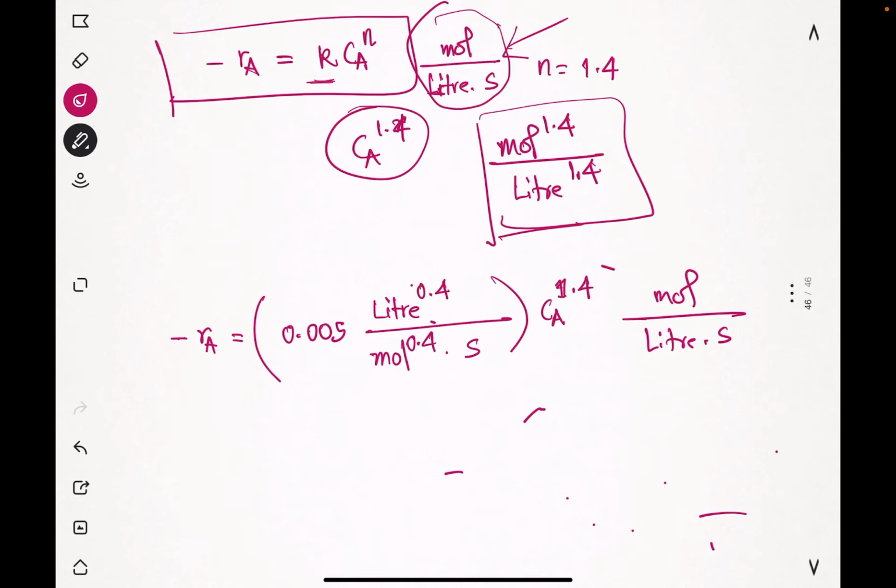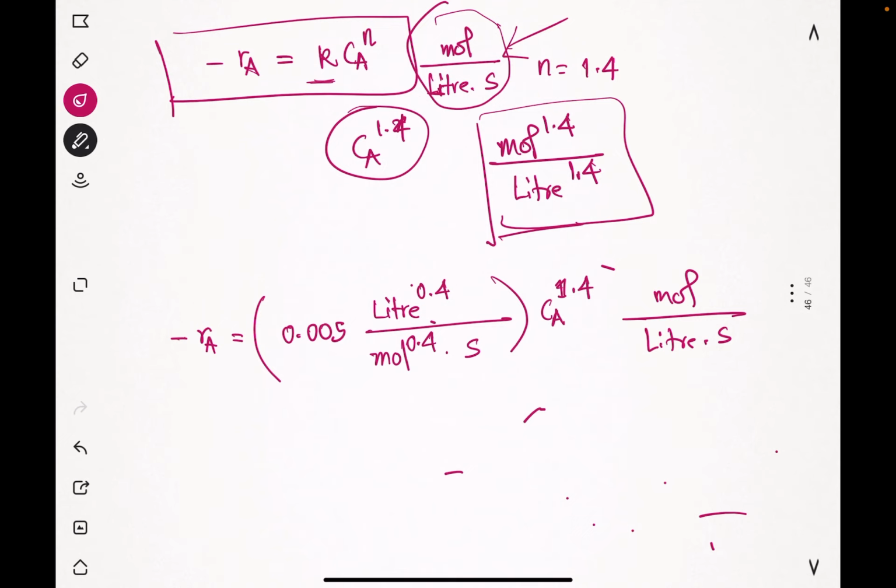When you solve this kind of problem, you have to not only find the values, but also find the correct unit for k. You probably know that the unit for k varies with the order of the reaction. It's different for a first order reaction compared to a second order reaction, and in this case we can see it's different when we have a fractional order.